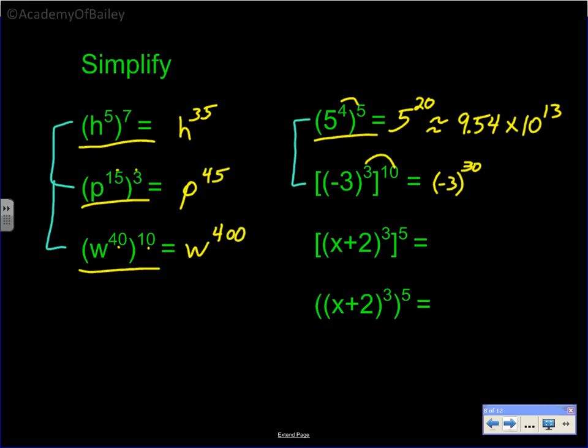If we look here, -3 to the 30th power. It's also a fairly large number. It's approximately 2.1 times 10 to the 14th power.